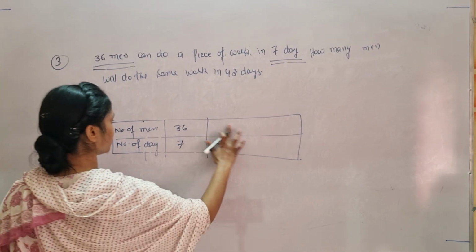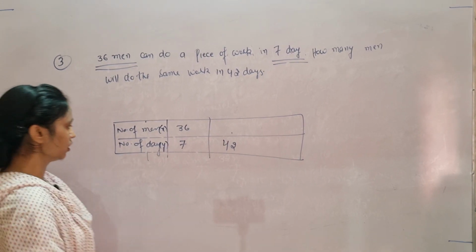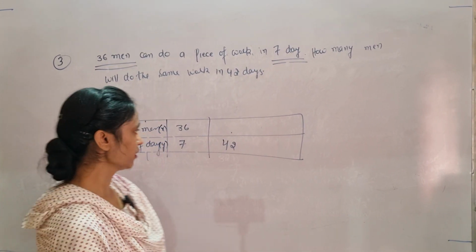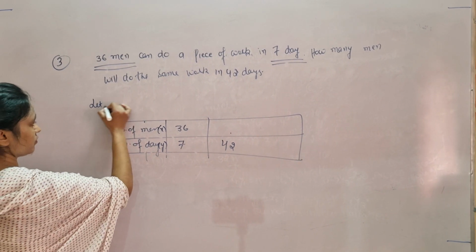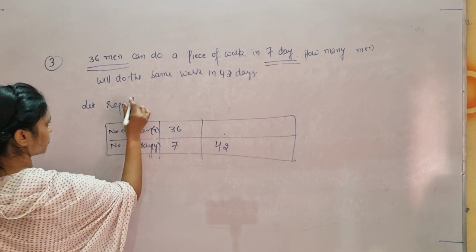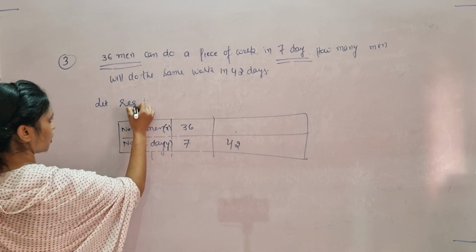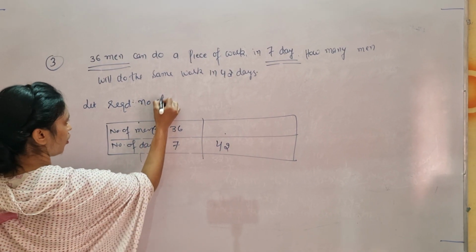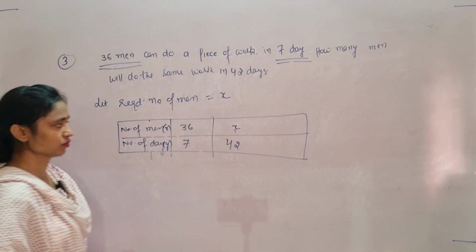Let the number of men be the x variable, and suppose the number of days is denoted by the y variable. Let the required number of men be x.